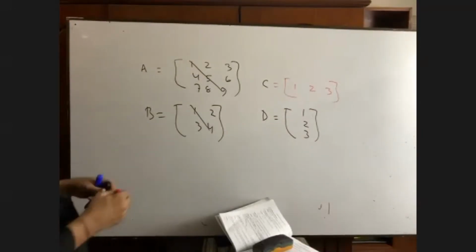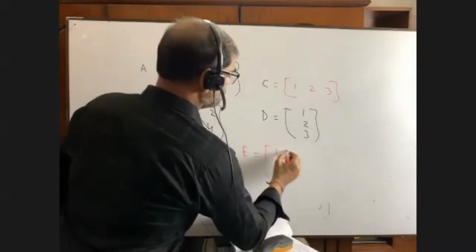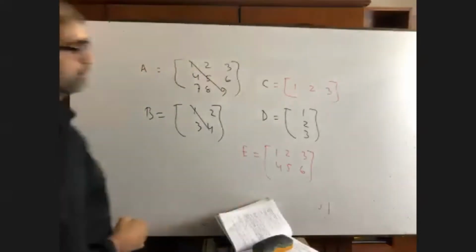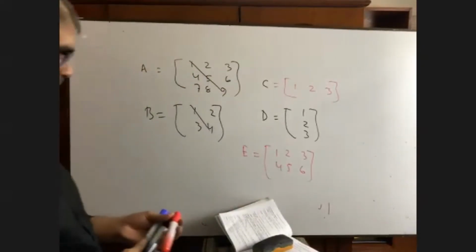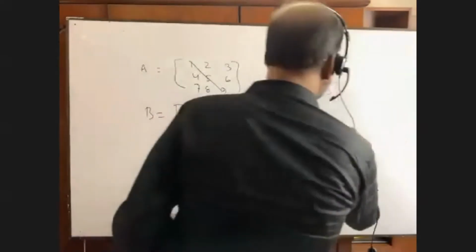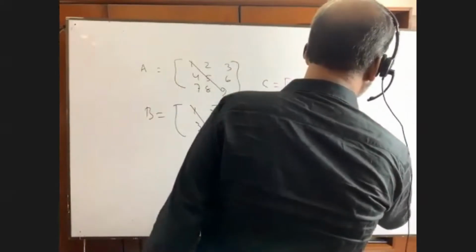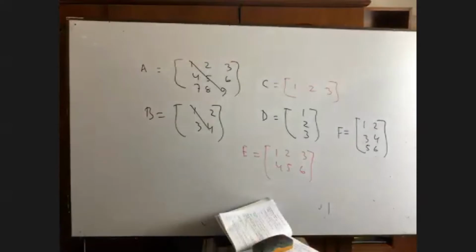No, sir. Very good. It is E. 1, 2, 3, 4, 5, 6. Is there any principal diagonal here? No, sir. Okay, you are right. Suppose it is F. 1, 2, 3, 4, 5, 6. Is it? No, right? Always your answer will be no, no, and no, right?